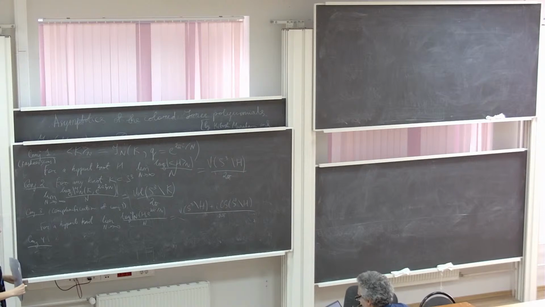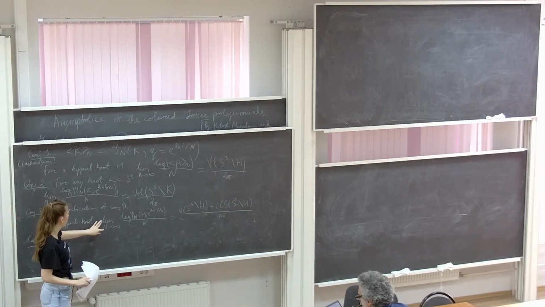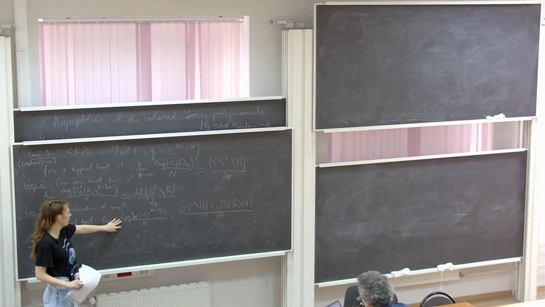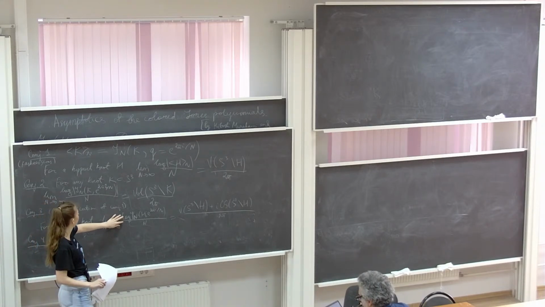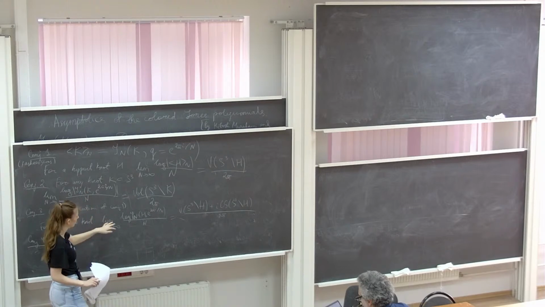Okay, so the next is a complexification of conjecture 1, where we study the asymptotics of the logarithm, not only its modulus.